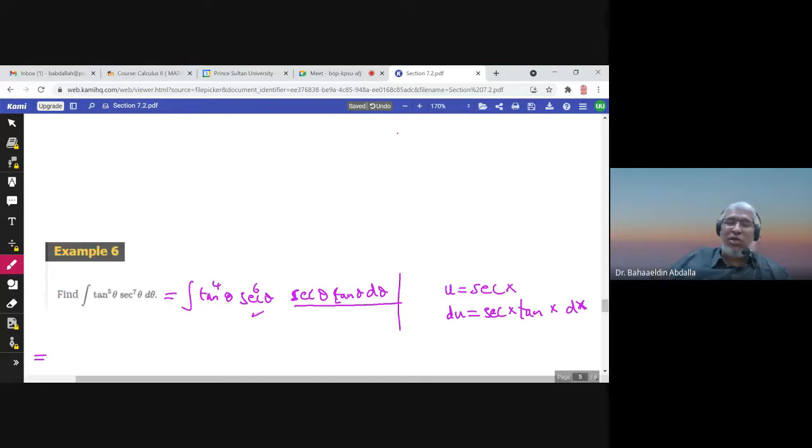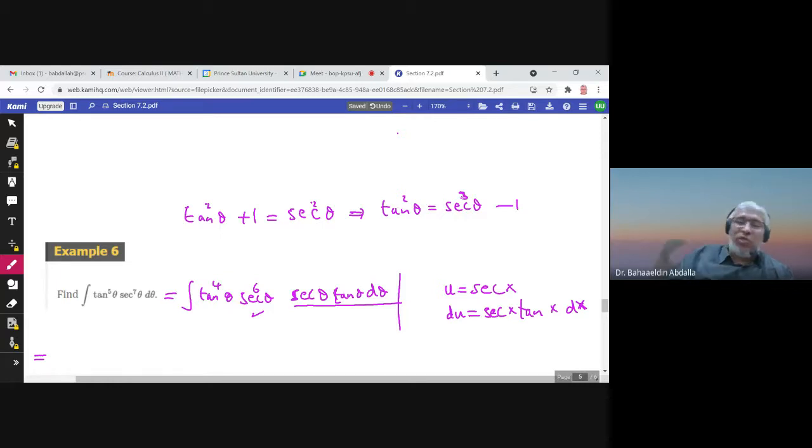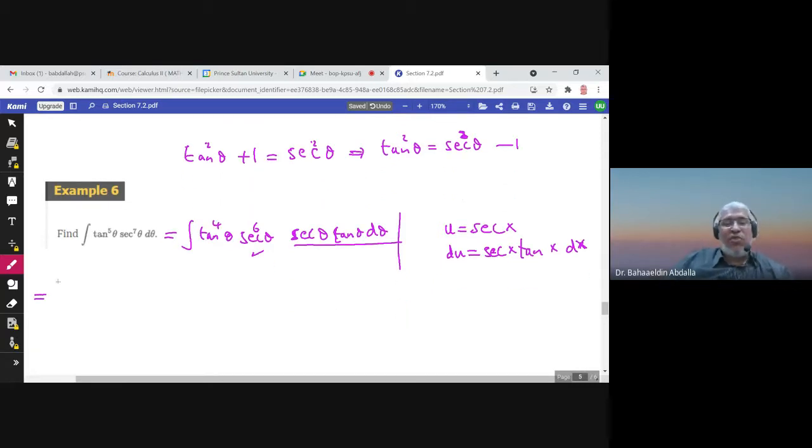What is the relation? We have seen that tan square theta plus 1 equals secant square theta. But I need to change tan to secant square. So I can write tan square theta as secant square theta minus 1. So tan to the power 4 would be tan square to the power 2, and tan square is secant square theta minus 1.